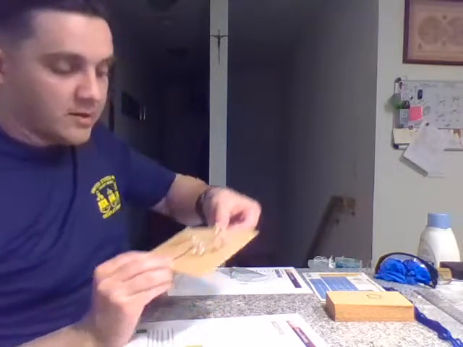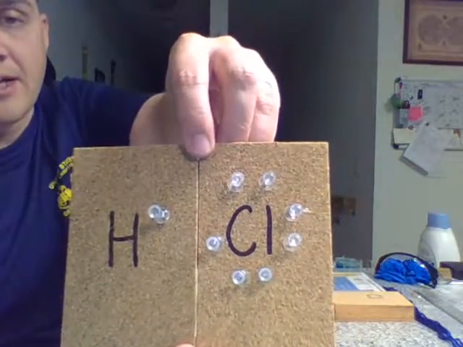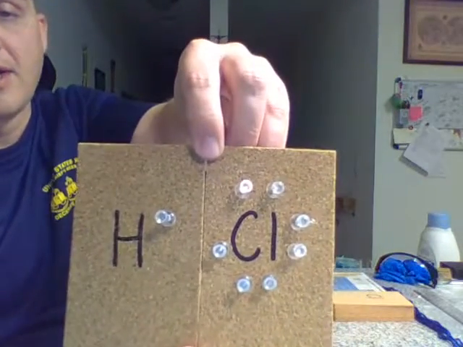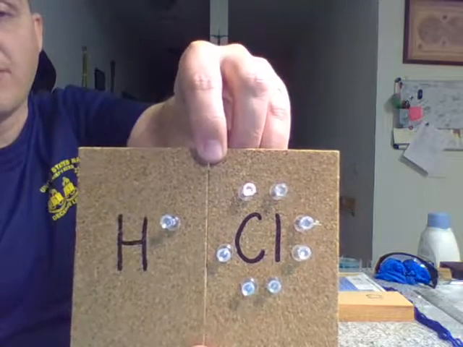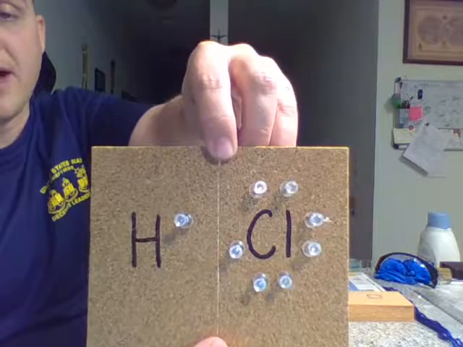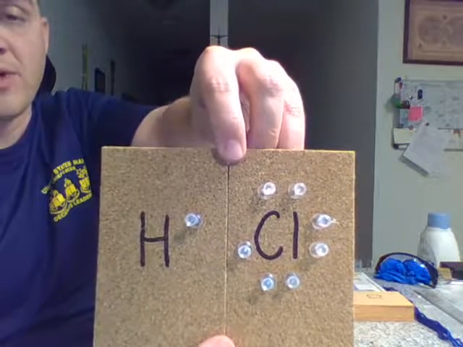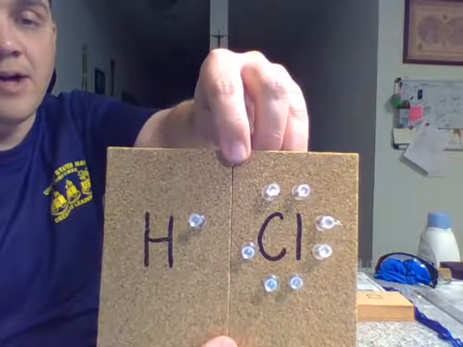When you're doing electron dot configuration with your push pins, you can see there's 2 on the bottom of chlorine, 2 on the left-hand side, and the top's got 2, and the side where chlorine is with hydrogen, it's got the 1 extra. So there's 7 for chlorine and the 1 for hydrogen.